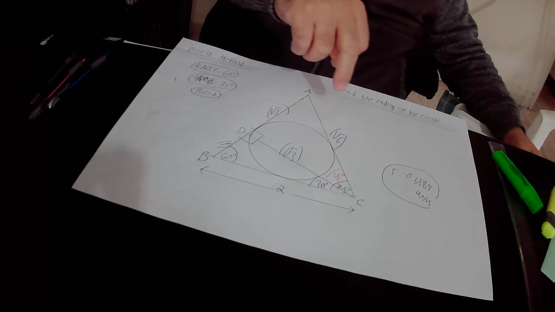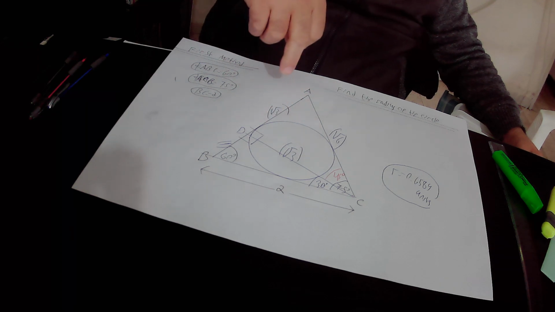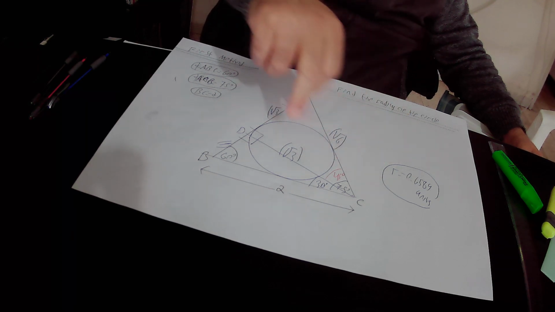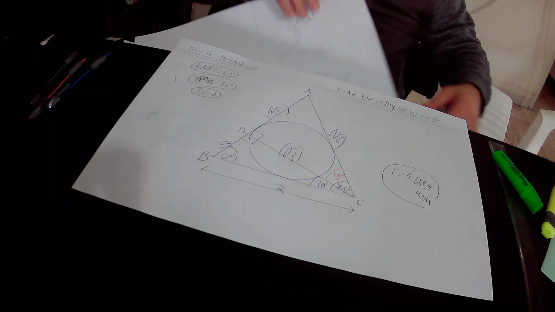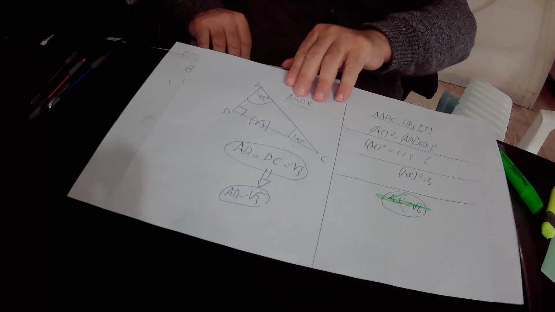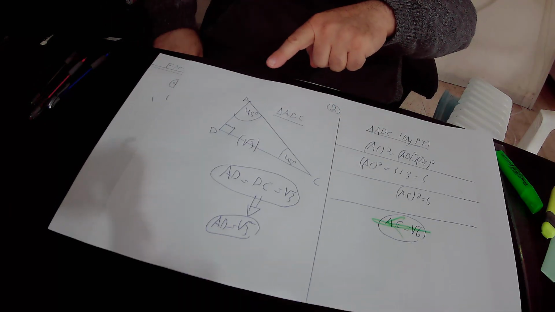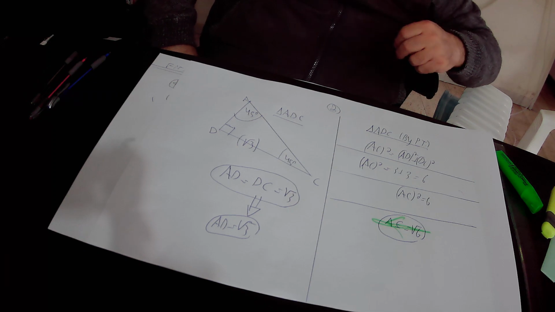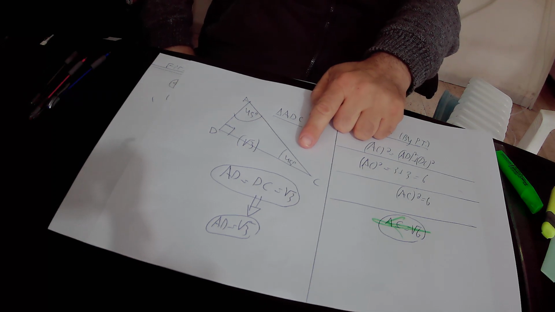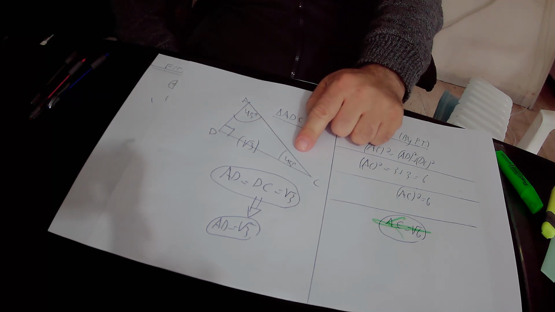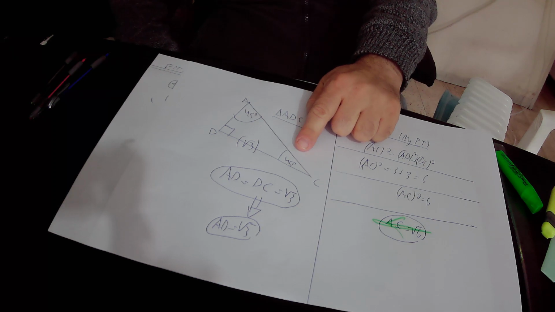Then I copied the right triangle ACD onto a new page and analyzed it. This is the right triangle ACD that I copied from the original drawing. We just found that angle ACD equals 45 degrees.